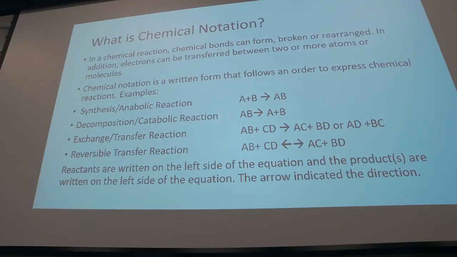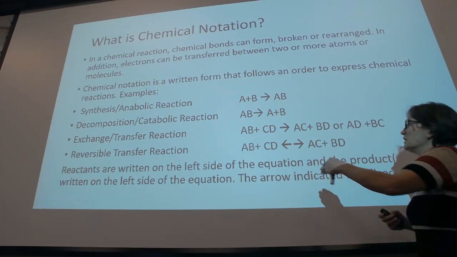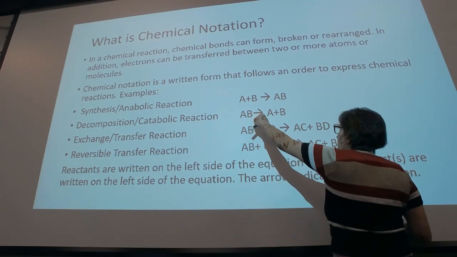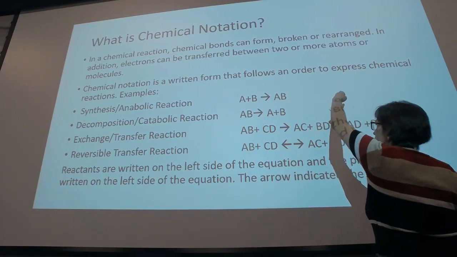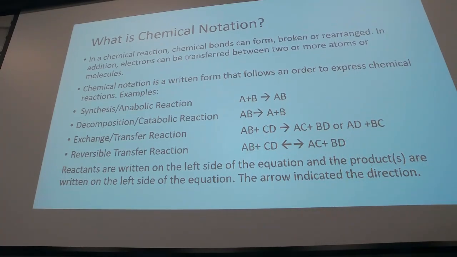The decomposition reaction is the opposite of synthesis. So you have catabolism. You break down the bonds between A and B, and then you have the products. The products are on the right, reactants on the left, and the arrow tells you where the reaction is taking place.